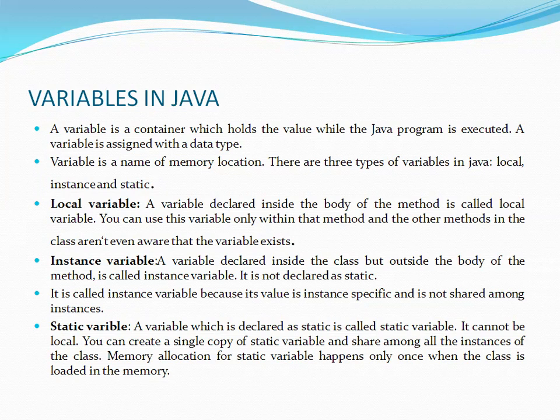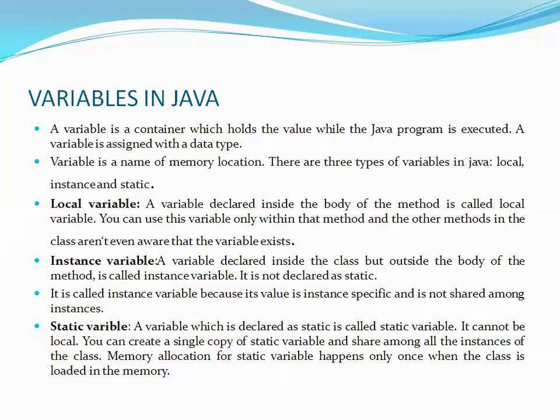Local variable means, suppose yesterday we did one addition program. Inside the addition, we passed a comma b as input parameters, and we assigned one variable c, int c. So within the method we are going to define. There are 20 methods in class A, and in each of the 20 methods we are going to define a local variable.